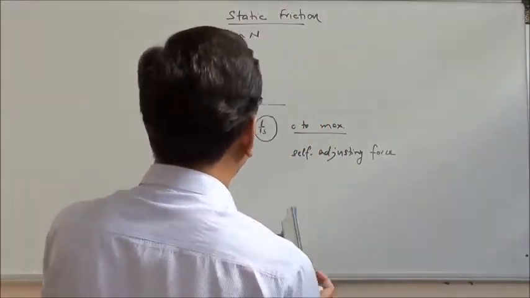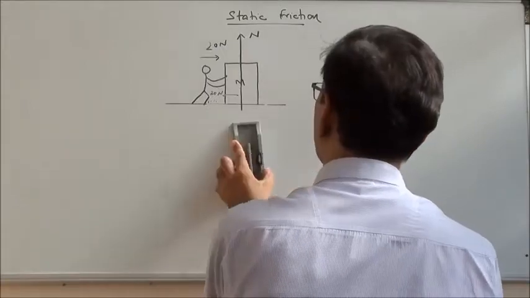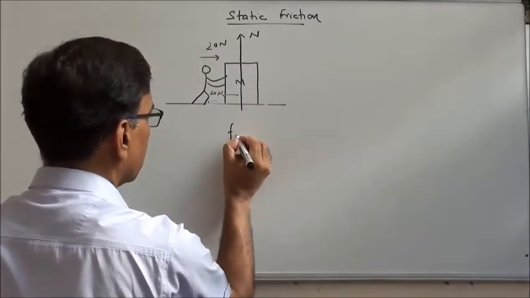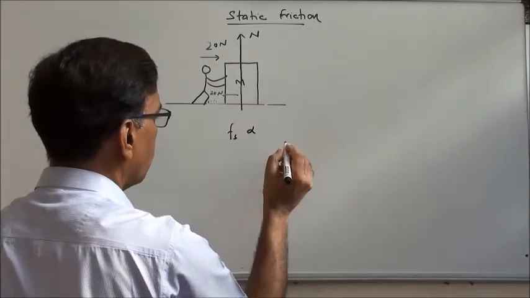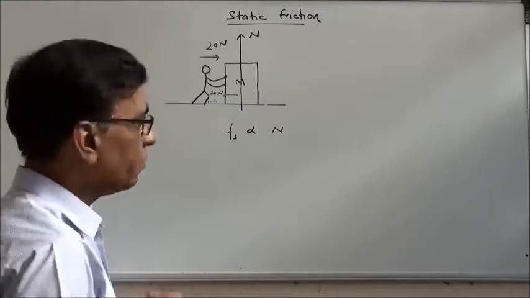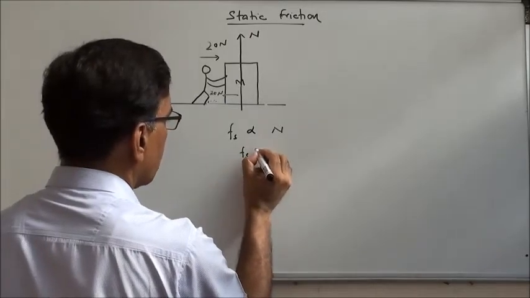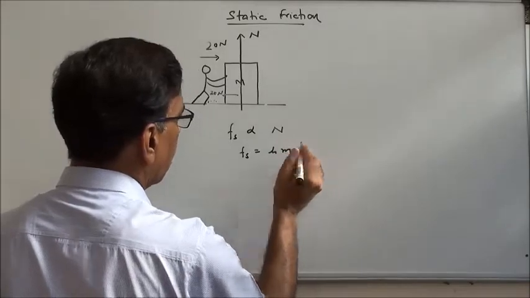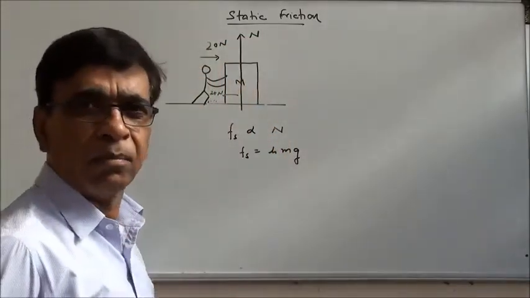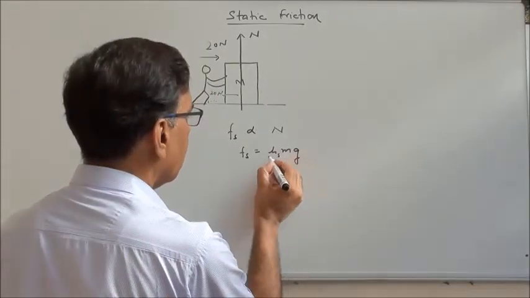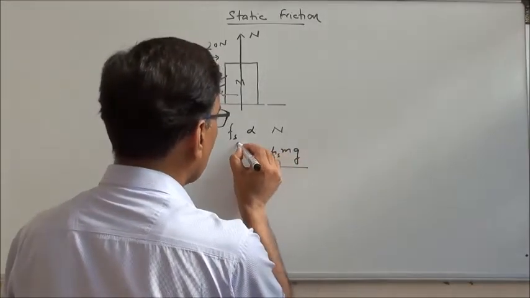So let me see how this force varies by changing the surfaces. This is actually proportional to normal reaction and is equal to mu N, or here on horizontal I can write it mu mg because N is equal to mg, and here we can call it mu s.